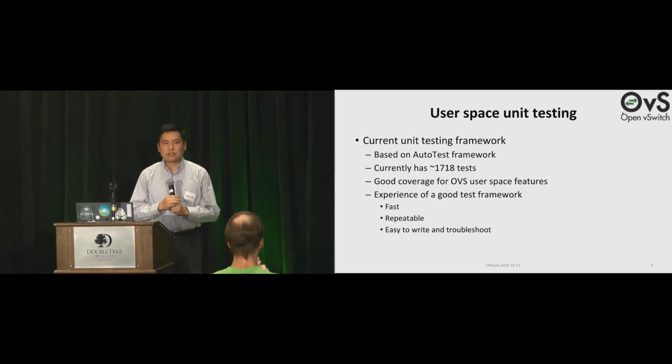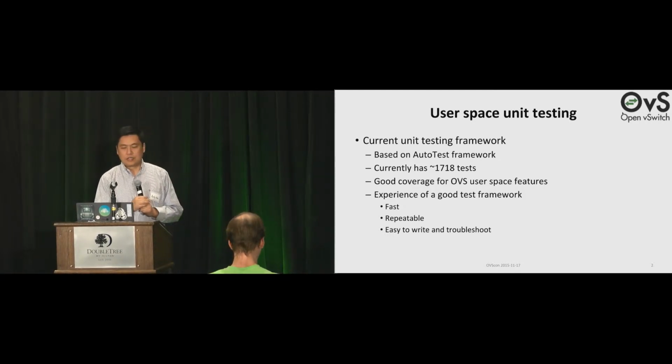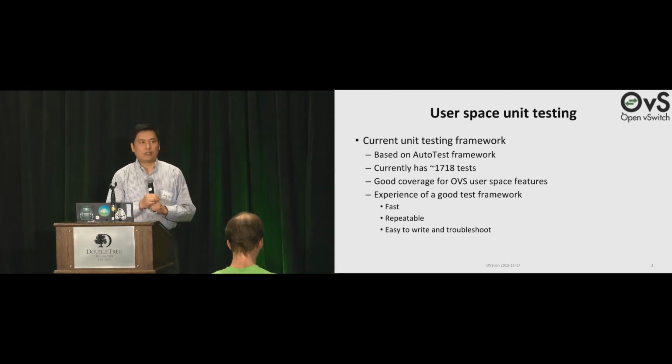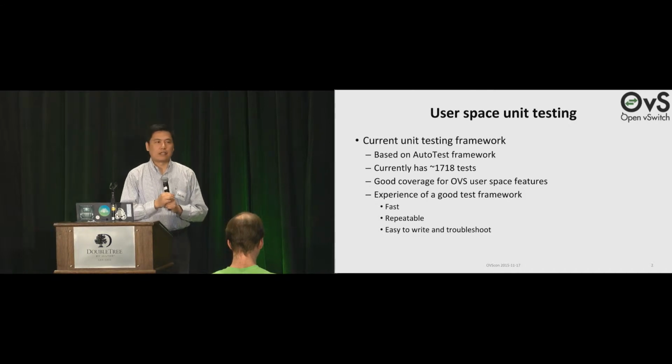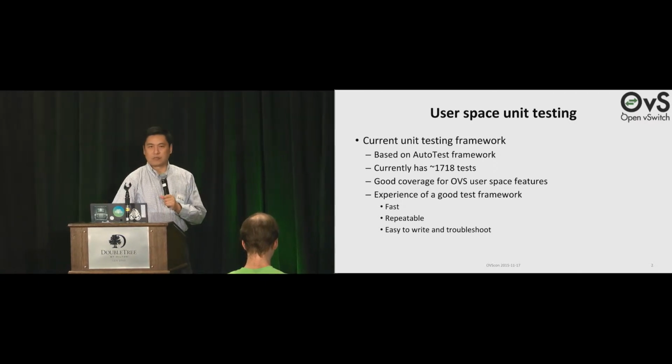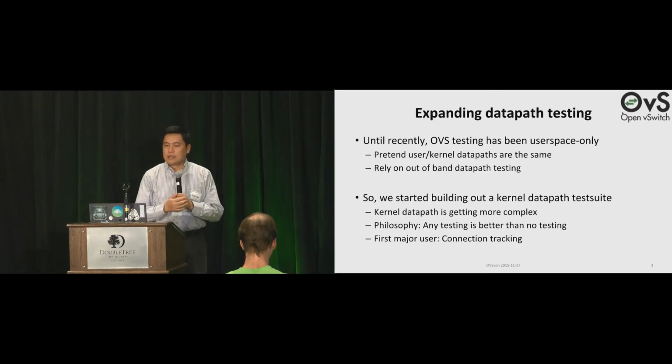It's fast to run, very repeatable, easy to write because you can copy some existing tests, and easy to troubleshoot. So we basically expect all patch submissions to run through the tests, and if you add new features, you should also add these tests. Those are the secret to making OVS more stable for existing features.